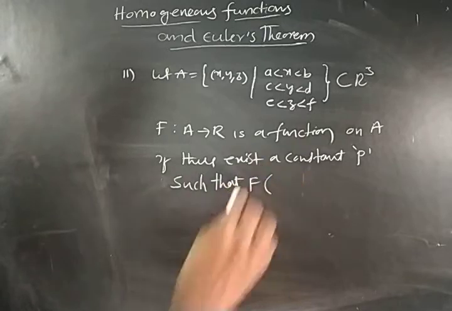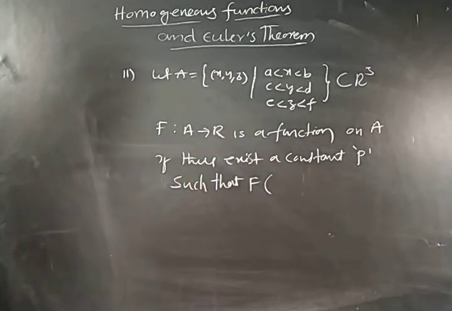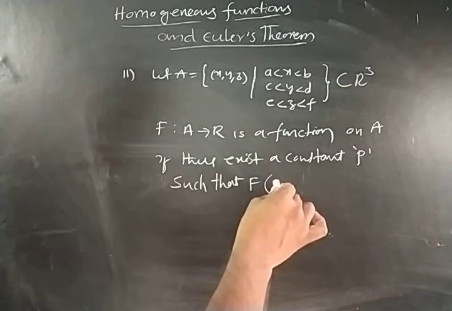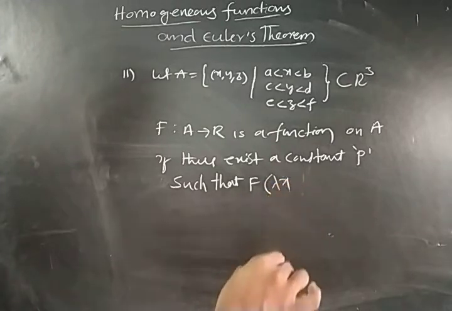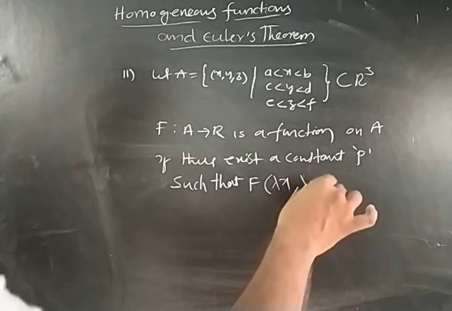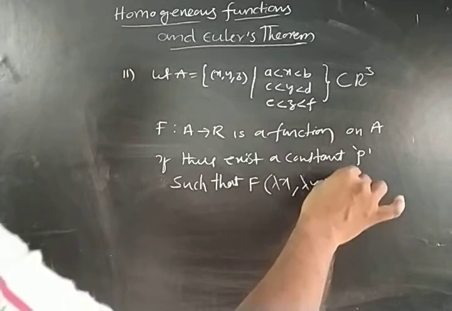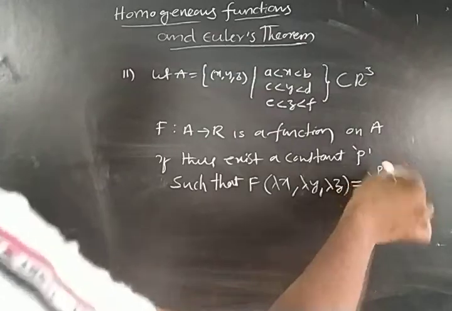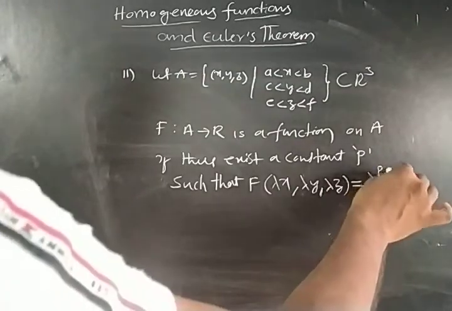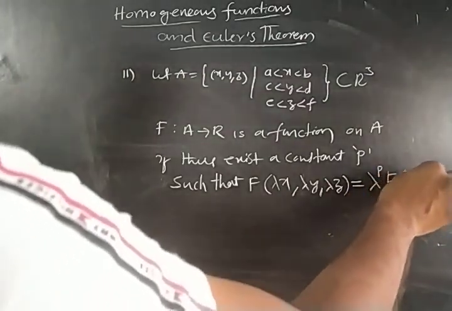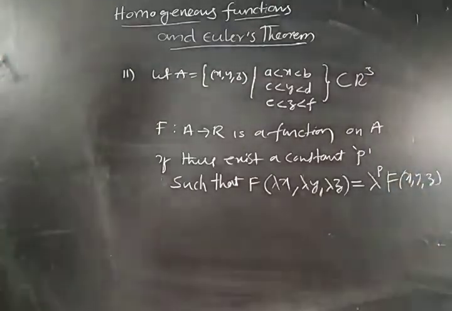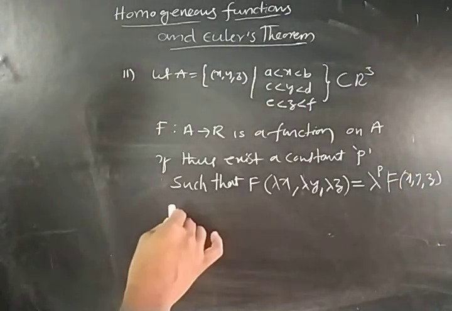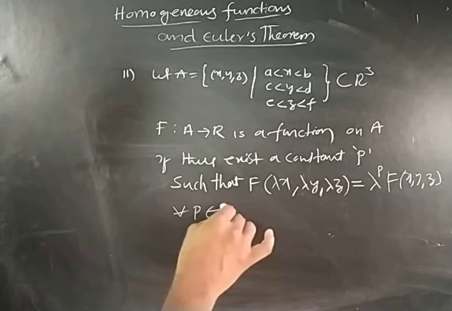such that, in the function we have three variables, so in place of x we put lambda x, in place of y lambda y, in place of z lambda z. Then you can take lambda power p outside, and you get the same function f of x comma y comma z, for all lambda in real numbers.